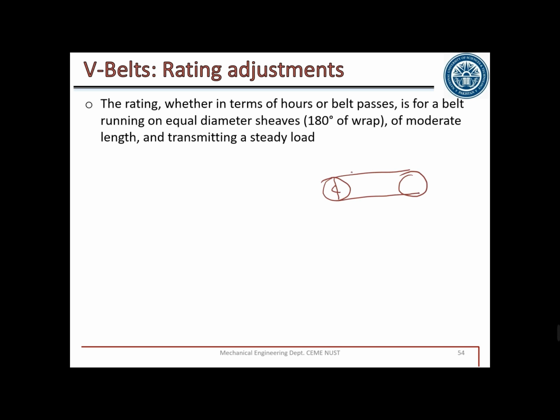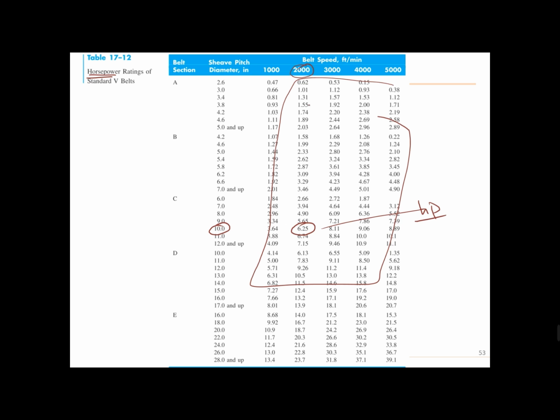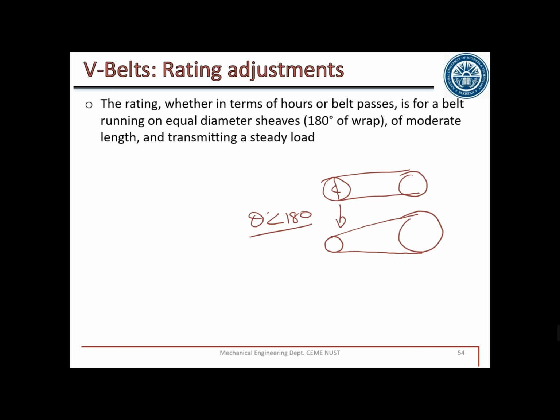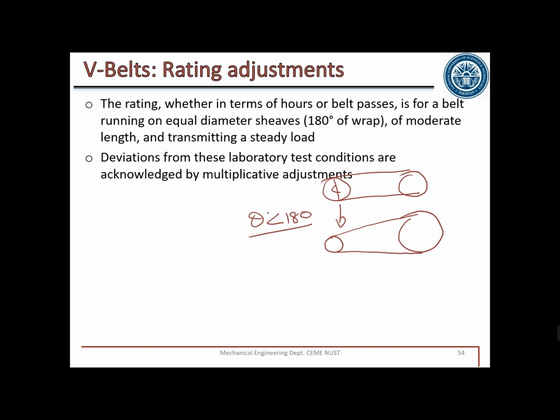If this angle of wrap changes, for example if there is a smaller wheel and a larger sheave, this angle will be smaller than 180. For any theta smaller than 180, there will be a factor which will be multiplied with the power rating calculated using this table. So that is one factor.